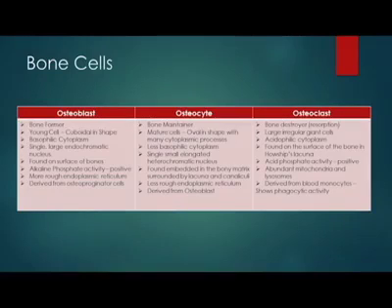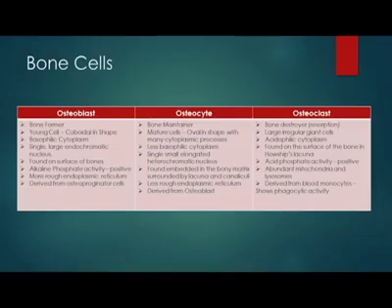What is the case of osteoclast? They are derived from blood monocytes. It shows phagocytic activity. We want to read the last point once more. Osteoblast is derived from osteoprogenitor cells, while osteocytes are derived from osteoblast.